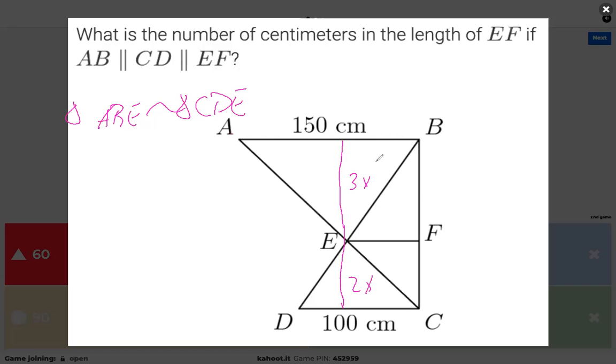Like their bases are in a ratio of 2 to 3. So that means if we let the altitude of the smaller one be 2x and 3x be the top one, this is 5x. So BC is 5x in total. And we're looking for EF.